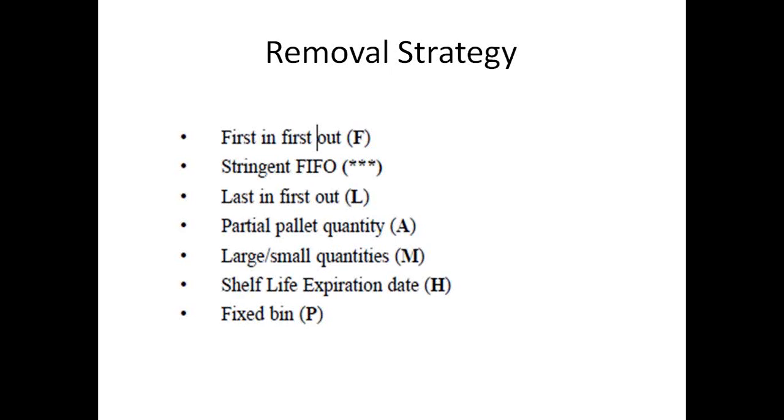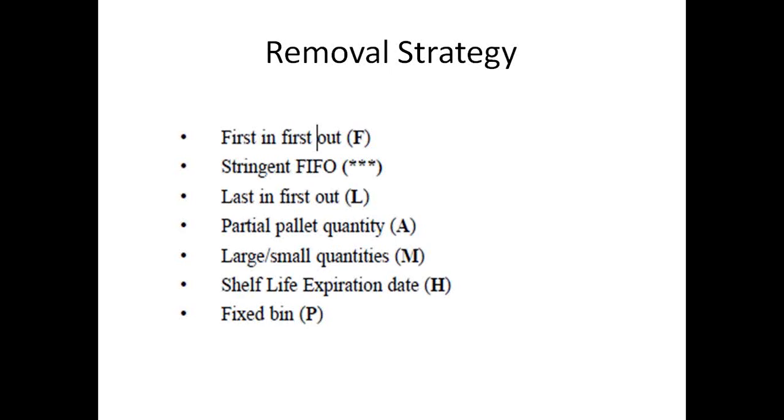First in first out is with reference to one storage type, where we procure material and the first material stored is sent first. Stringent FIFO considers different storage types, like when we have some 5 storage types. It is with reference to multiple storage types.